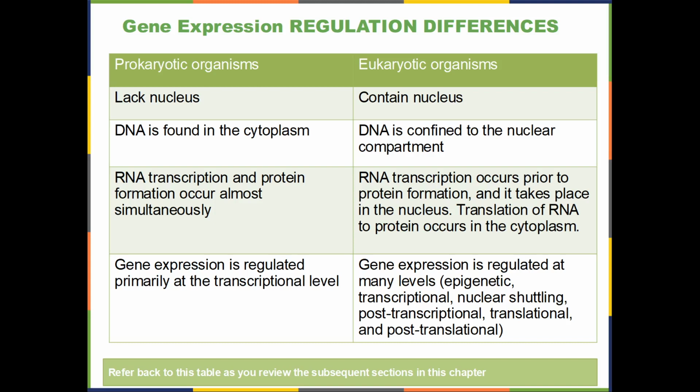And again, in eukaryotes, RNA transcription happens inside the nucleus, and translation of the RNA happens inside the cytoplasm. In prokaryotes, gene expression is regulated primarily at the transcriptional level, so as it's being transcribed from DNA to RNA, very early on. And in eukaryotes, it happens at multiple levels that we just discussed.